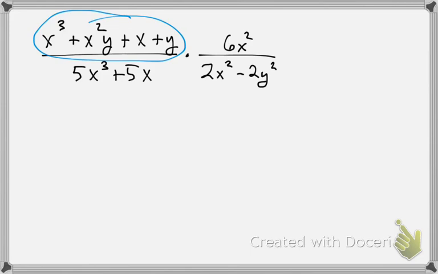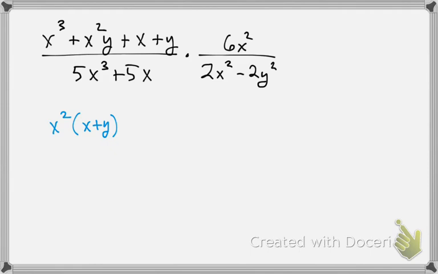Four terms, right? So what do the first two have in common? If I pull out an x squared, that would leave me with x plus y. And of course, the second grouping is x plus y. You guys agree? What do those have in common?